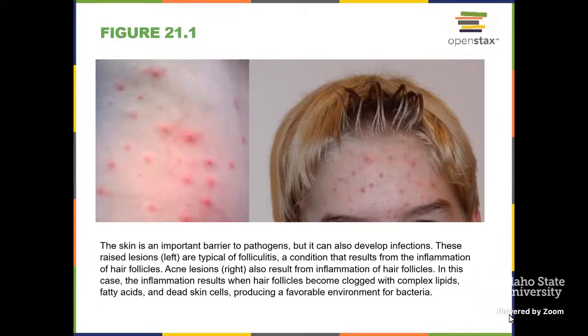Initially looking at the skin and a teenager in this image is what I am assuming. Acne is something that's a common occurrence with many as we start thinking about teenage years or reflecting upon those years, and oftentimes kind of plagued with some of these issues. So folliculitis is our first bit, the inflammation of hair follicles, and then the acne lesion as we see more of that similar folliculitis inflammation of follicles as well.